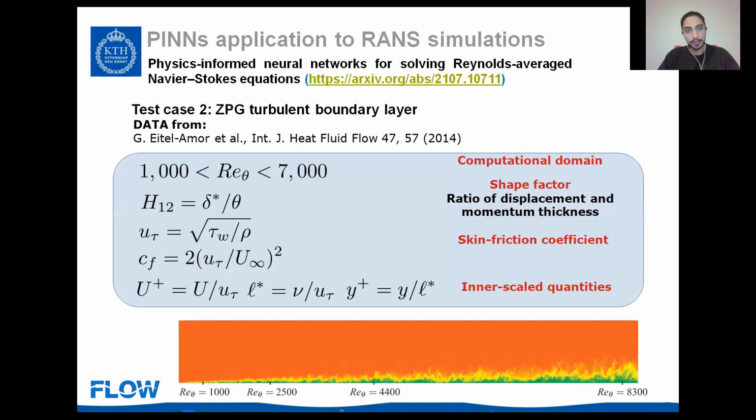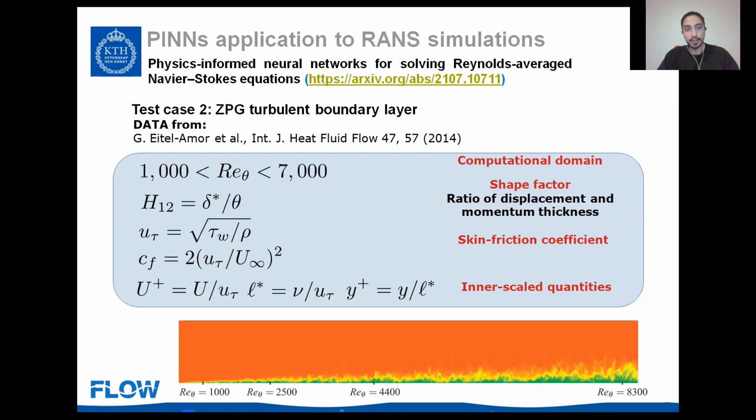So we followed a study of a zero pressure gradient turbulent boundary layer. The data we obtained from this article. We have a relatively large computational domain, with Reynolds number based on momentum thickness from 1,000 to 7,000.